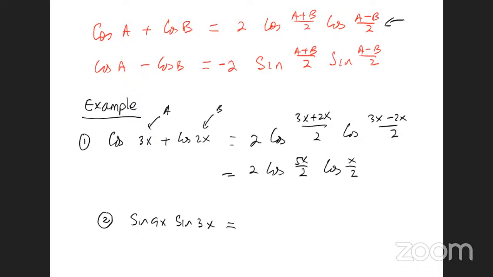Suppose I had a product something like this now. Suppose I had sine 9x, sine 3x. Any idea how to express it as a sum of trigs?